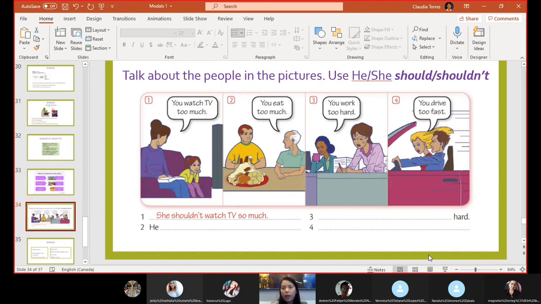Yeah, now here we have some pictures. For each picture, we have a situation. Here it says that you can use he should or he shouldn't or she should or she shouldn't, according to the situations. For example, number one, she shouldn't watch TV so much.